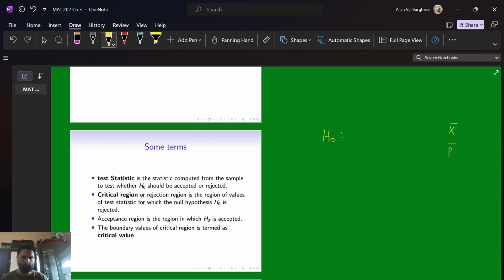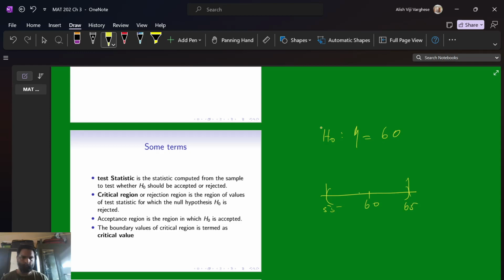Then the critical region is the rejection region, the region of values of the test statistic for which the null hypothesis is rejected. So let's have a rough example. If H naught is a statement about mu equal to 60, and we make a region, say 60 is here, an interval centered at 60, say 55 and 65.